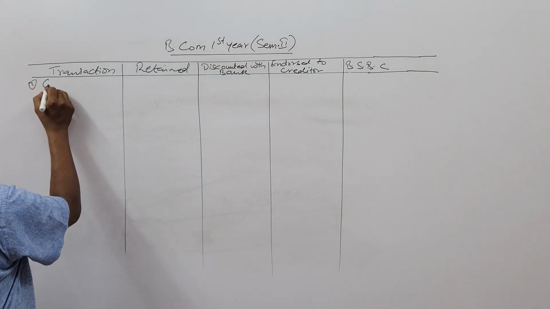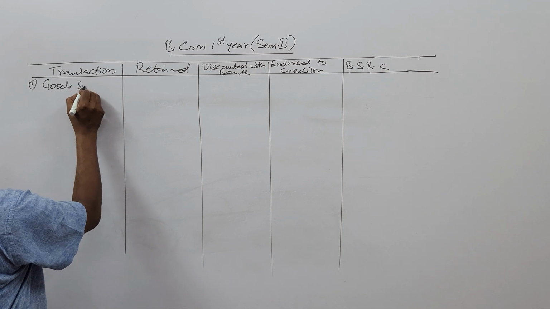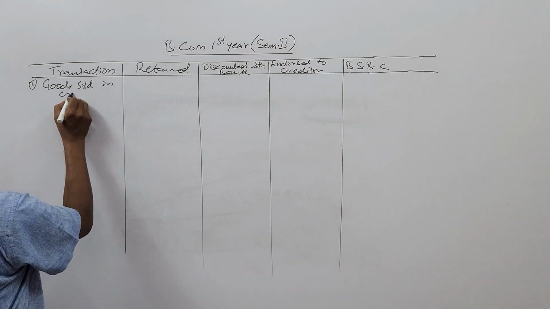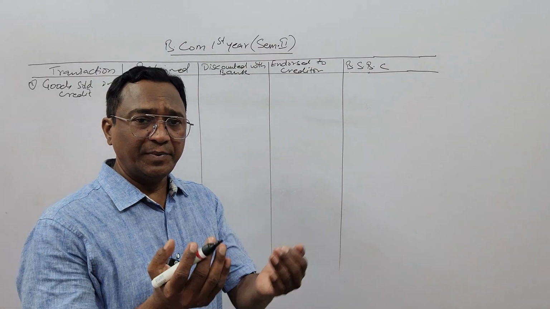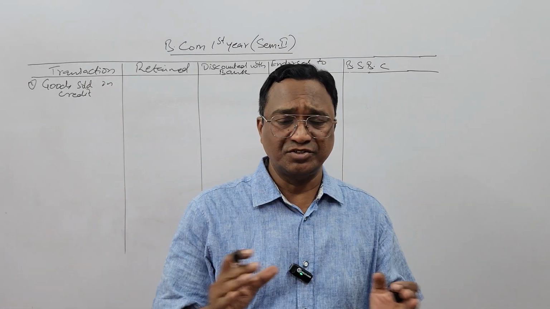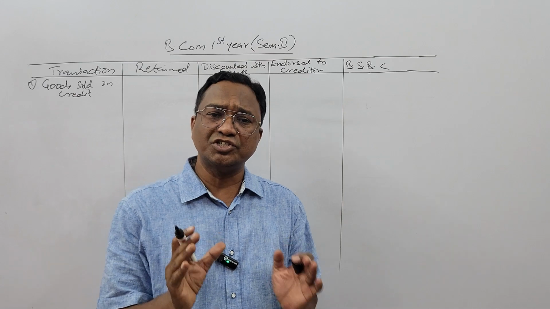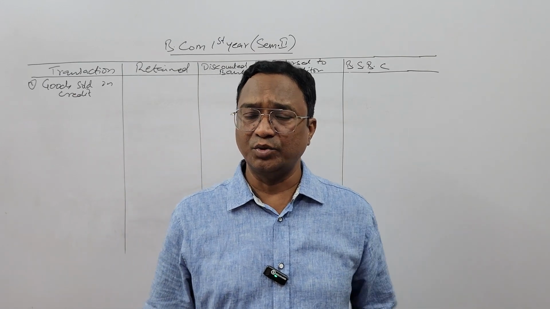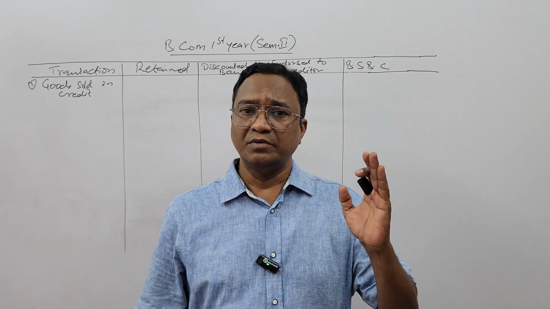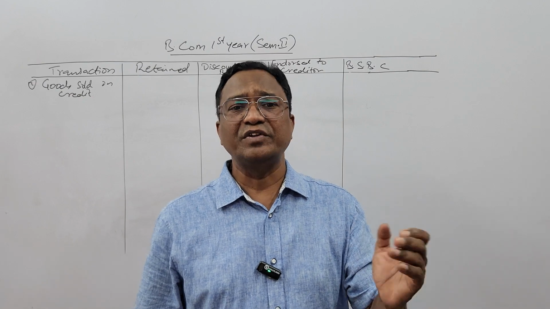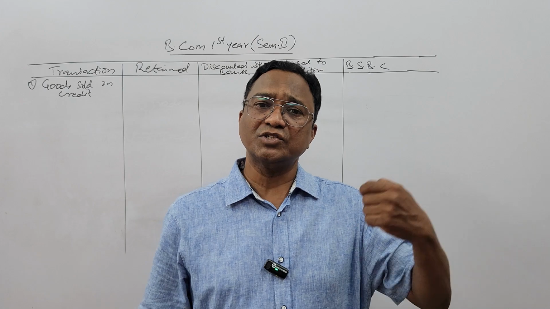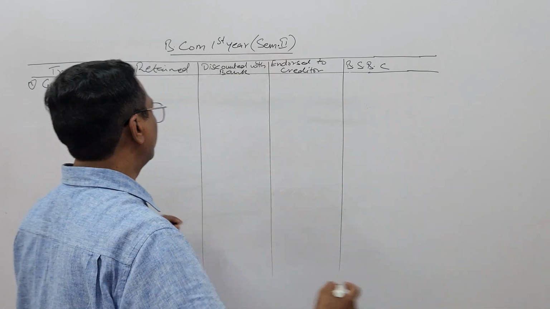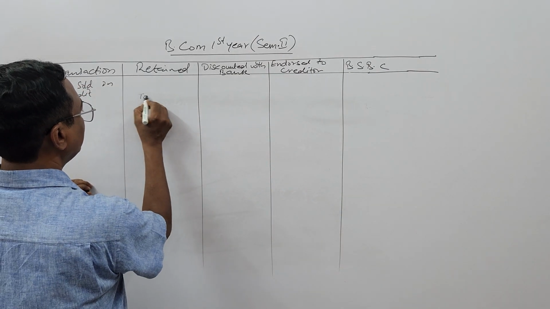Number 1, goods sold on credit. When goods are sold on credit, debit what comes in, credit what goes out. When it comes to the journal entries, always the three rules are very important. So debit what comes in, credit what goes out. When you are selling goods on credit, we are not receiving any money, but what is going out is goods. So credit goods.